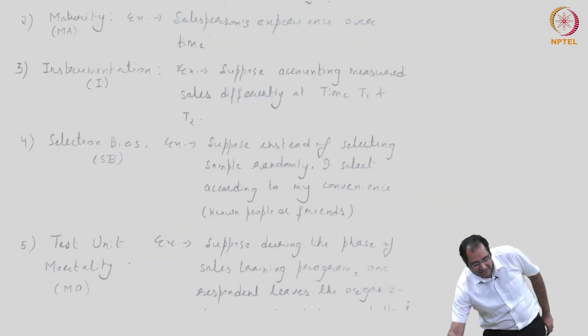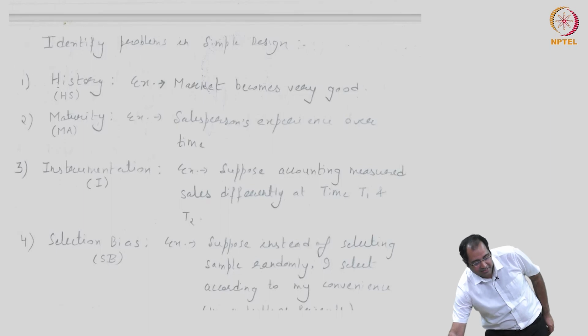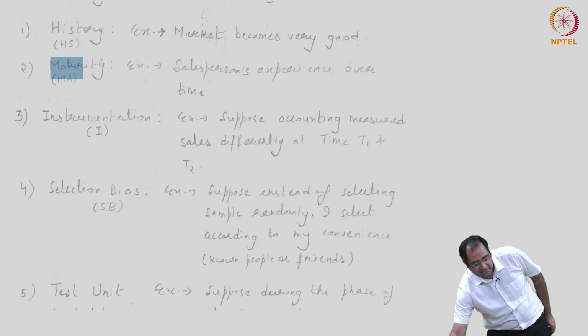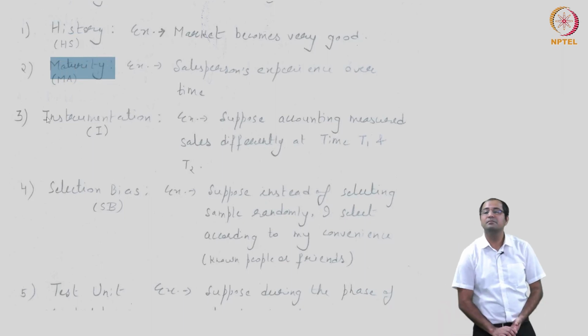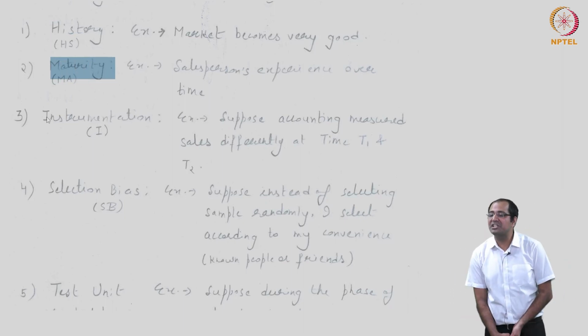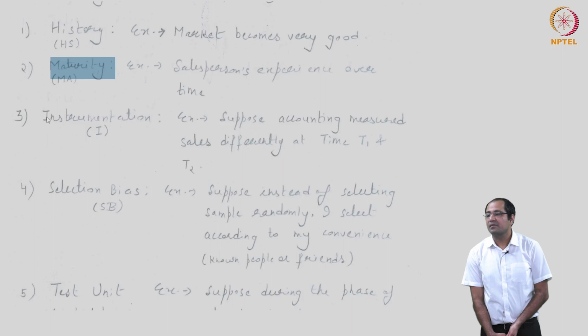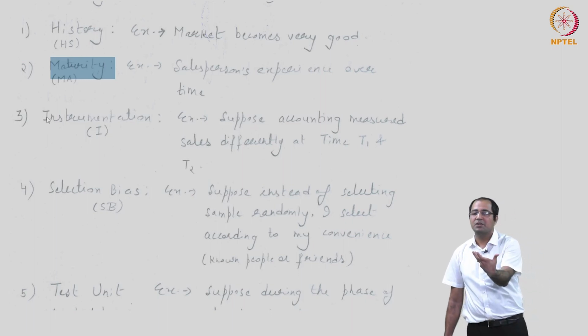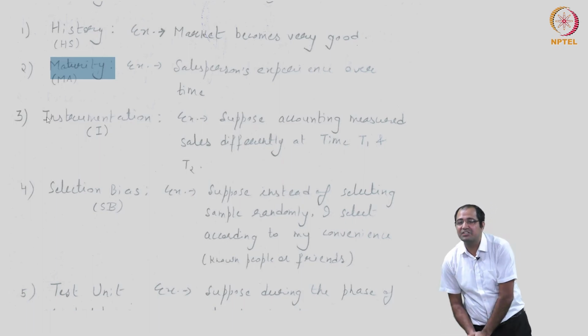So these are the five: history, maturity, and so on. There is one more called instrumentation. Let's say you want to see whether a particular weight training program has an impact on your weight.